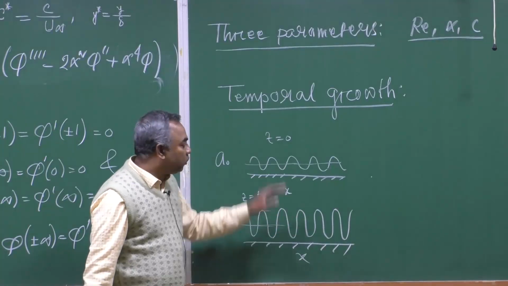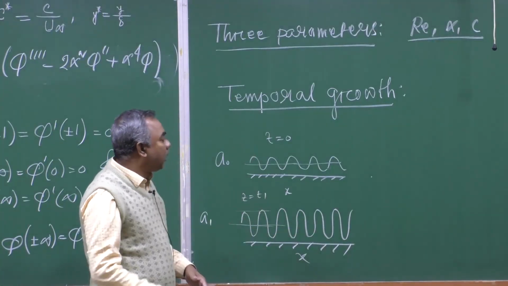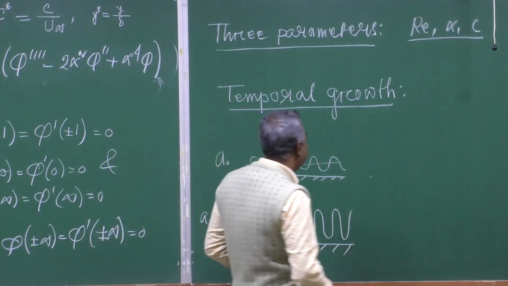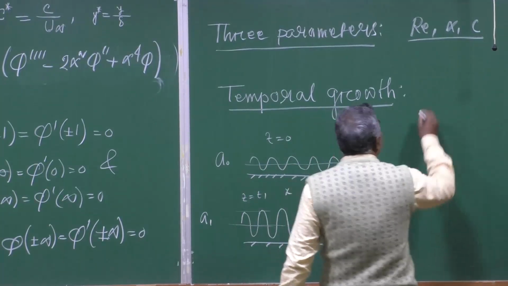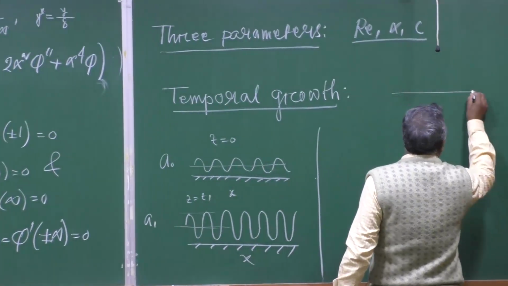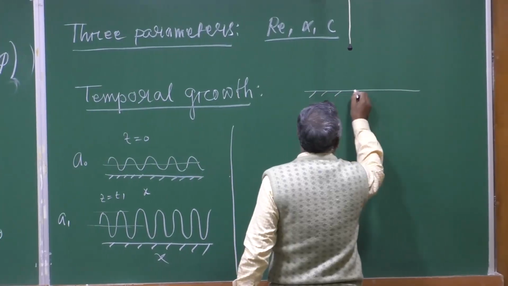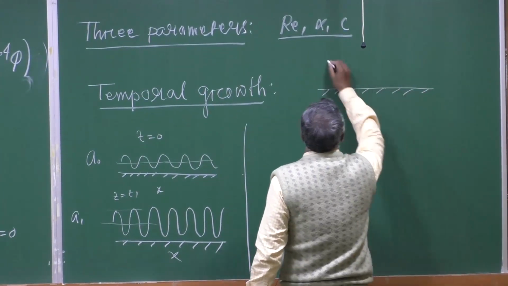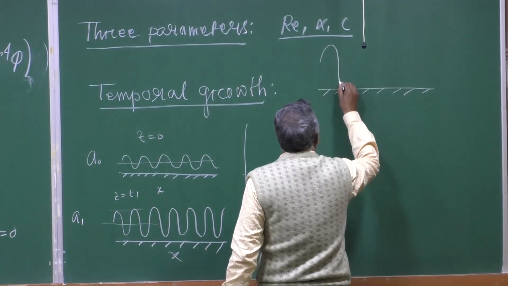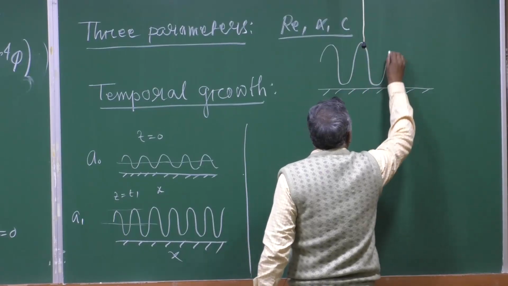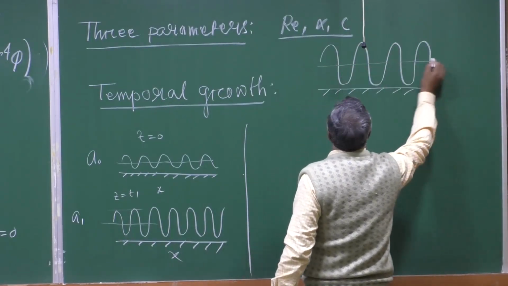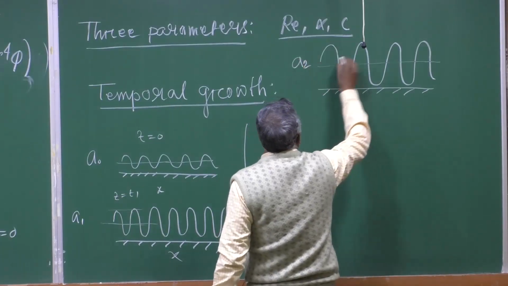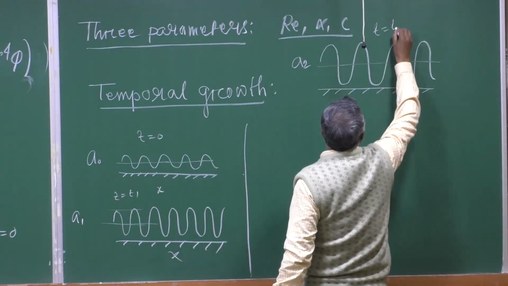Okay. So, let me show you, if this is at t is equal to t3, if you consider the same thing, then this is going to be even larger. So, amplitude is going to grow like this. Okay. So, that means you see this is, let us say, amplitude a2 and this is at t is equal to t2.